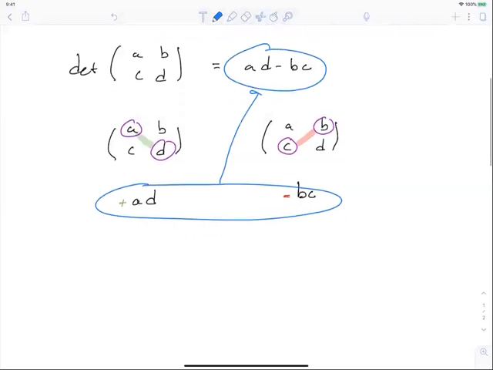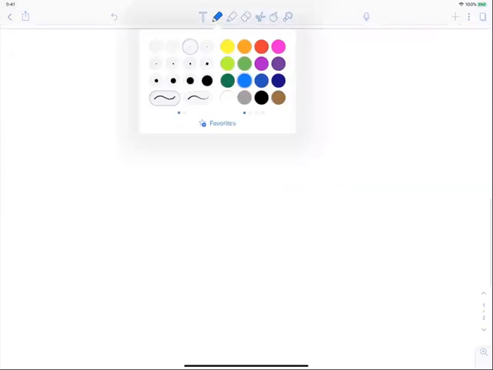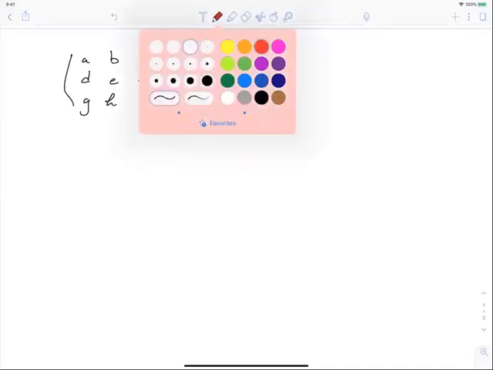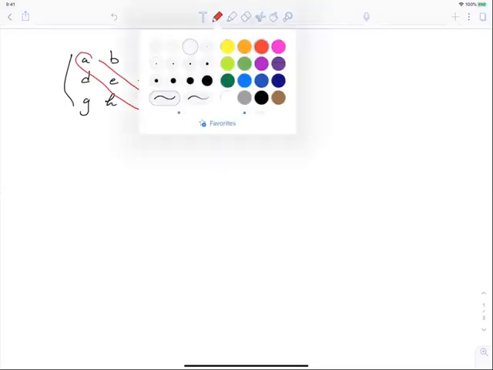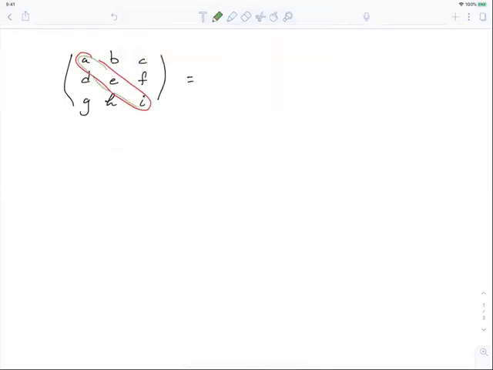So let's go up to a 3x3. Let's figure out what this formula means for a 3x3. And the determinant is going to be based on the diagonals here. We know this from the formula. Let's use a different color. This is the positive diagonals.